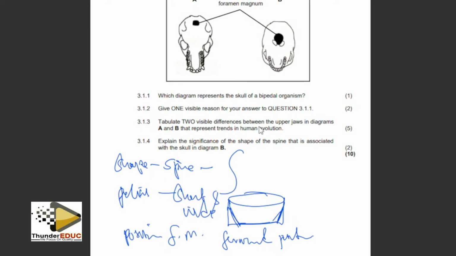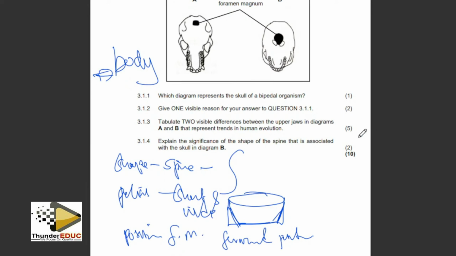So when you are talking about the brain or the cranium, you have to talk about it compared to the body size. Please, when you compare them, compare with the body size. I think I'm clear there.